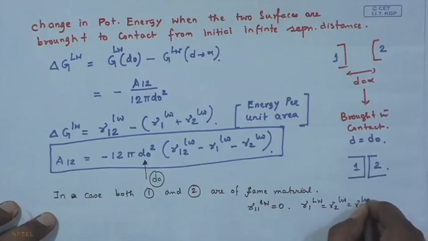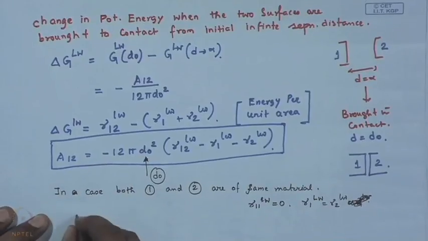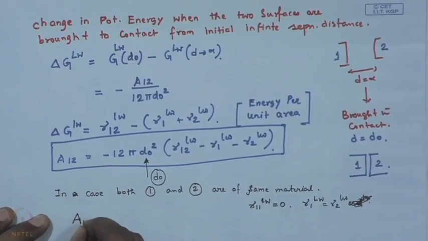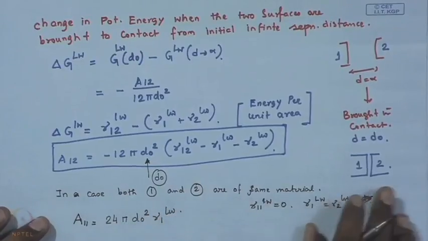In that case A12 gets replaced with A11. This allows us to get an expression for A11 as 24 pi d0 square gamma 1 LW.